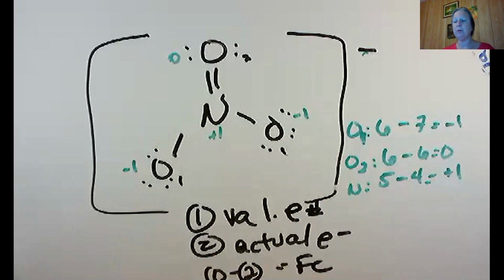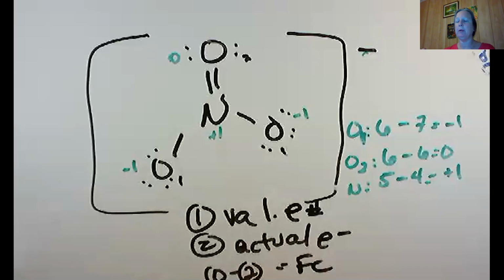Any negative charges are best on the more electronegative atom. In this case, the negatives are on the oxygen, which is more electronegative, and so that's fine. But if you have a choice and everything else is the same except for where the negative is, it wants to be on the more electronegative atom. That's lowest energy.